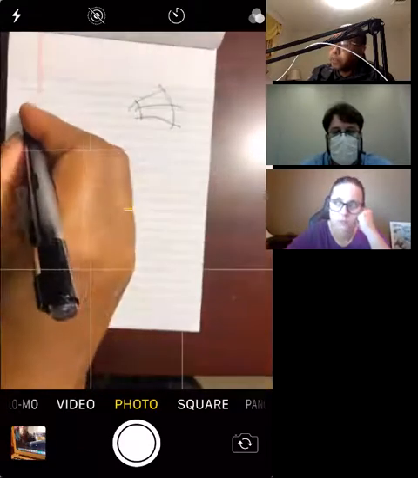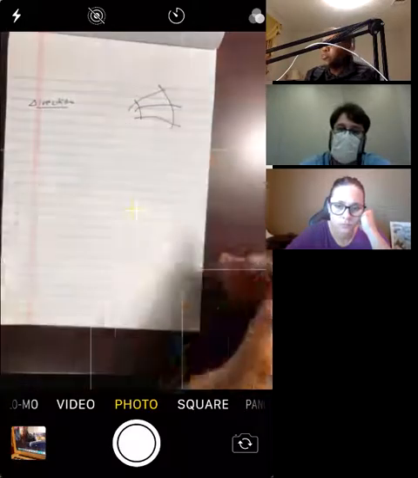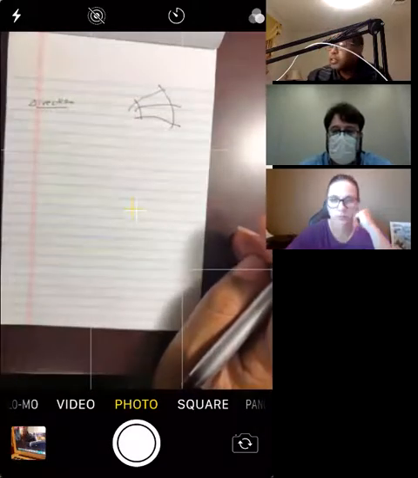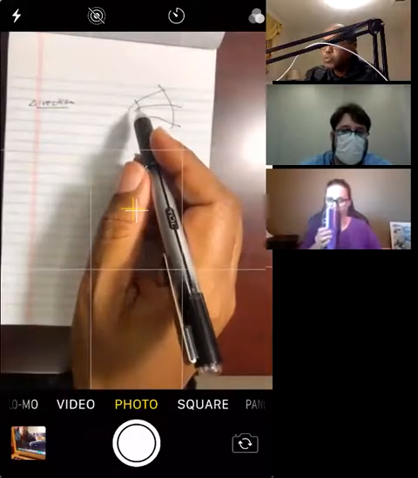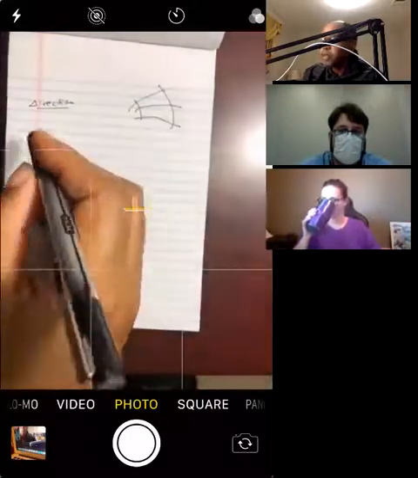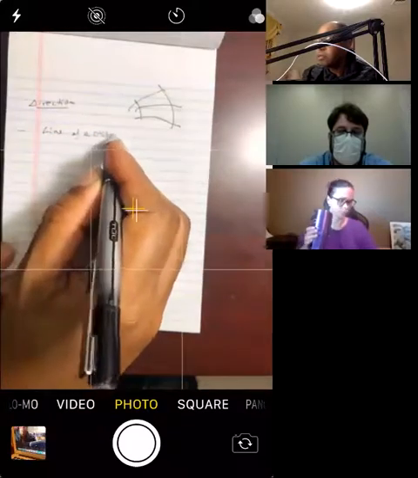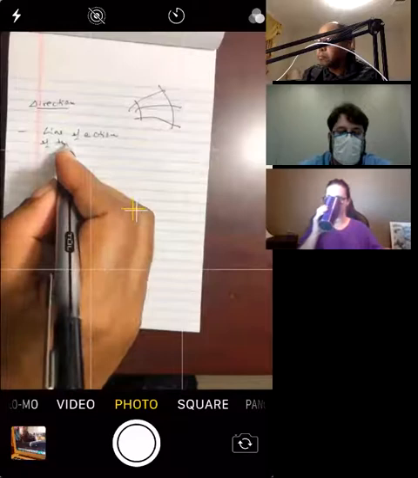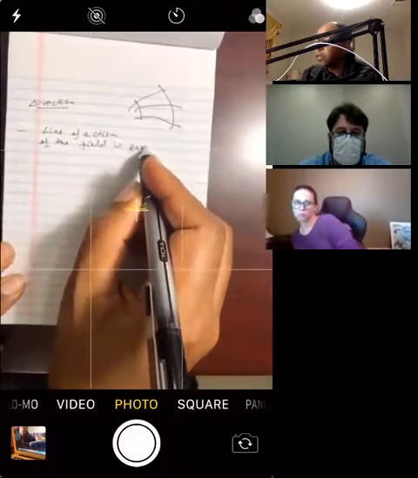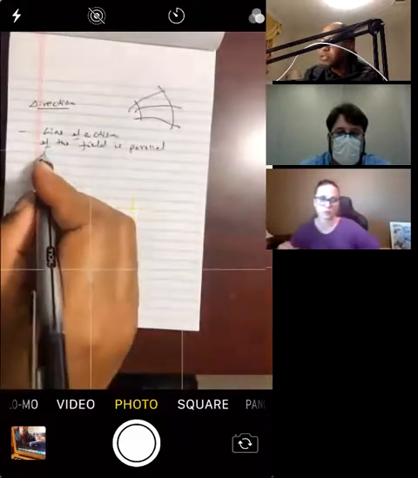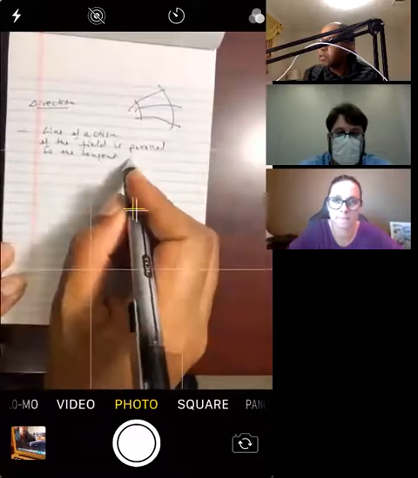How about direction? For direction, first of all, the line of action of the field is parallel to the tangent line to the curve.